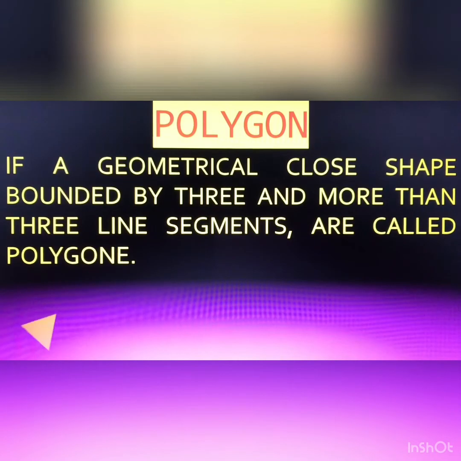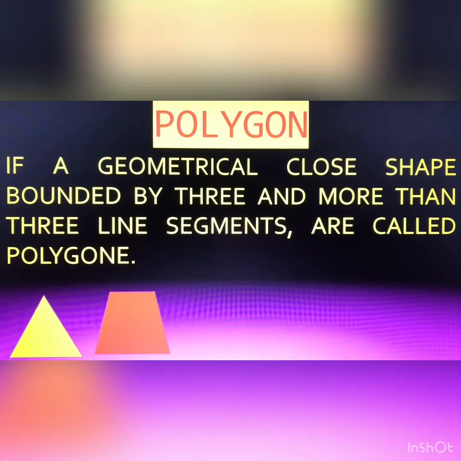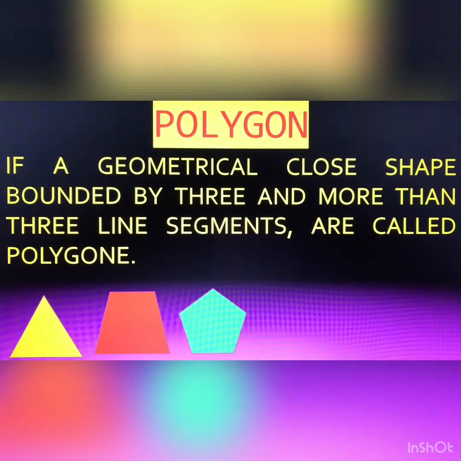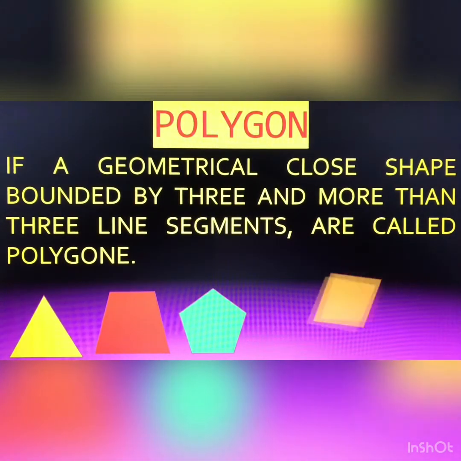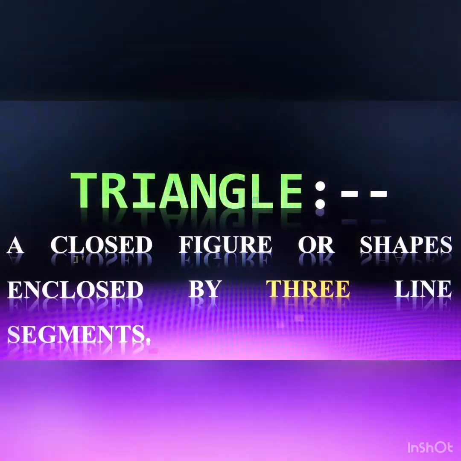For example, this is a triangle bounded by 3 line segments. This is a quadrilateral bounded by 4 line segments. This is a pentagon bounded by 5 line segments, and this is a rhombus, again bounded by 4 line segments, and this one is a hexagon bounded by 6 line segments. So these are all polygons.